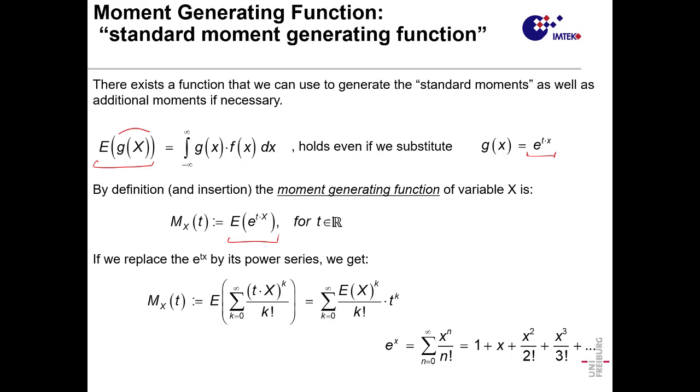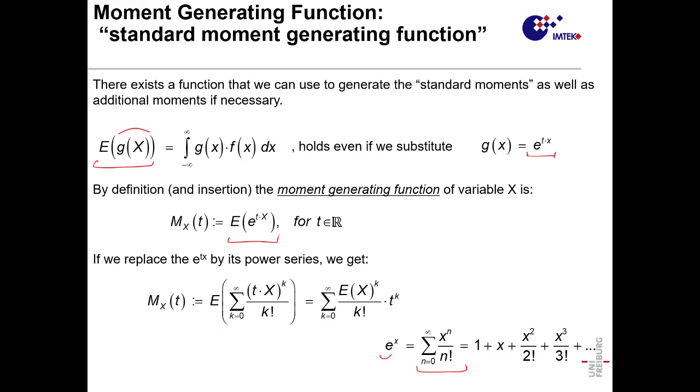And if you remember, the exponential of x can be approximated, or if you have an infinite number of terms, it is equal to a power series like the one that I'm showing here. I think it's called the Taylor power series, right? Which is the summation of x to the n divided by n factorial, okay?